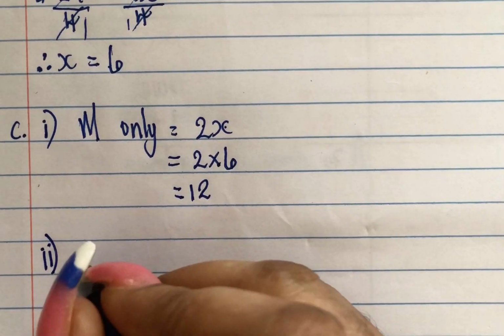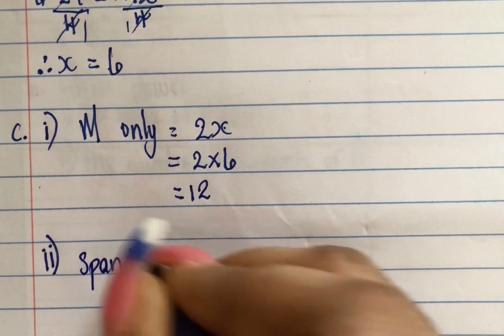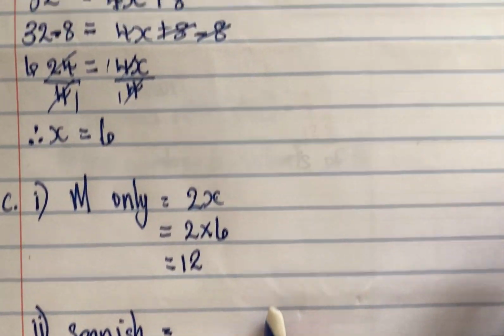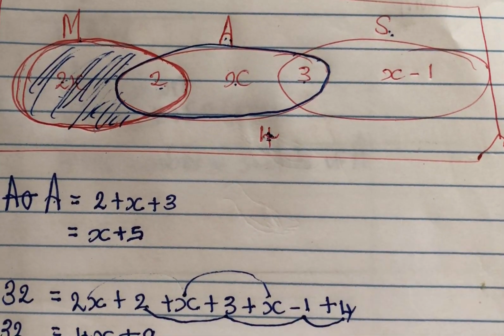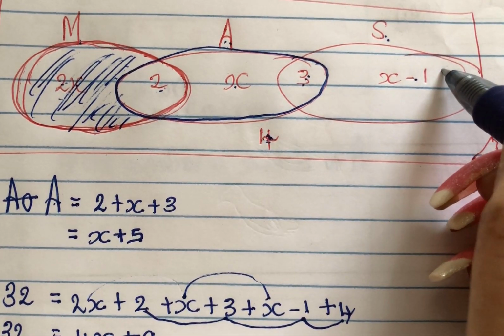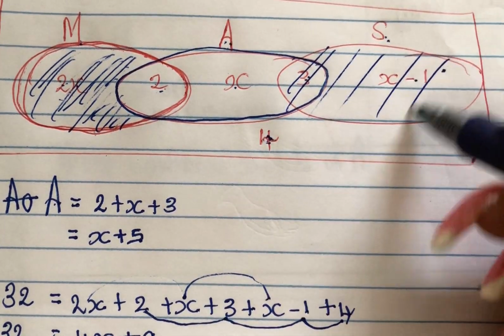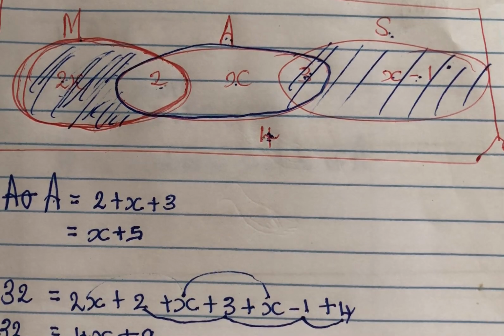Now we need Spanish. Remember, this does not say Spanish only. It just says Spanish. Let us look again. Spanish has 2 parts, here and here. 3 and x minus 1.